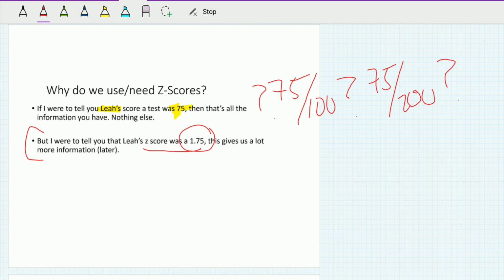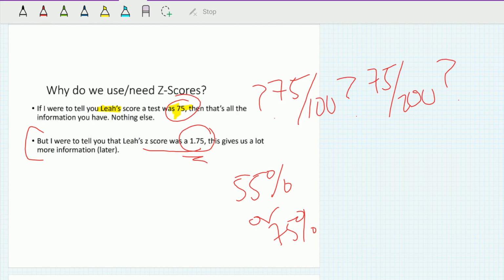Did she score above 55%, or 75%? We can easily calculate it. And we don't need to know the average or anything like that, if we just have the z-score. It gives you a lot more information than if I were just to tell you somebody scored 75, as opposed to saying the z-score is 1.75.